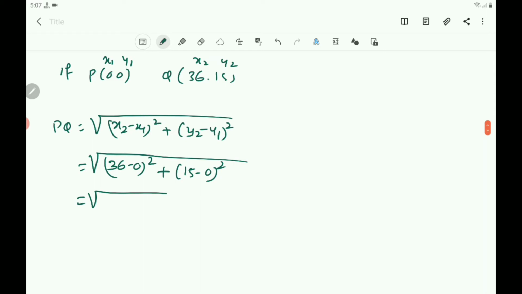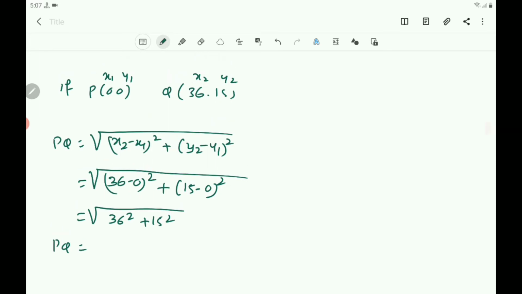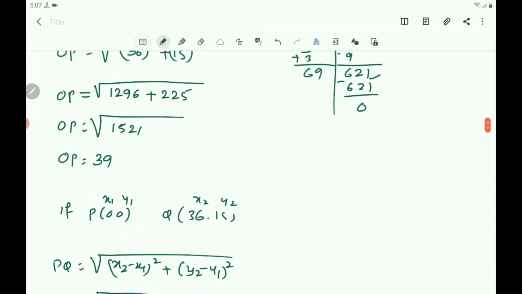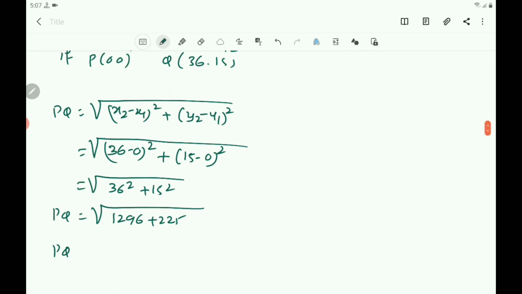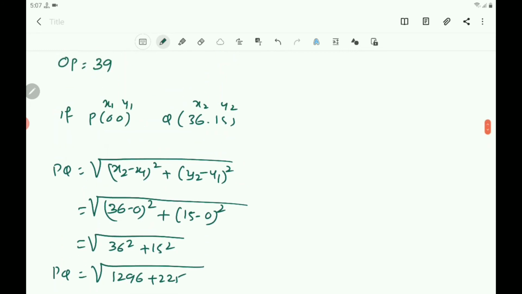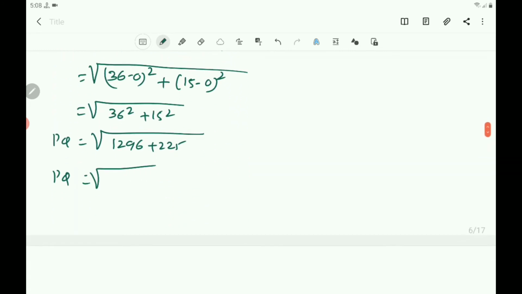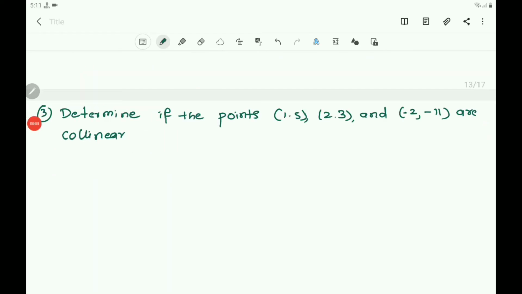Then you also get the same 36 square plus 15 square. So PQ equals square root of 1296 plus 225. The sum is 1521. Its root is 39.